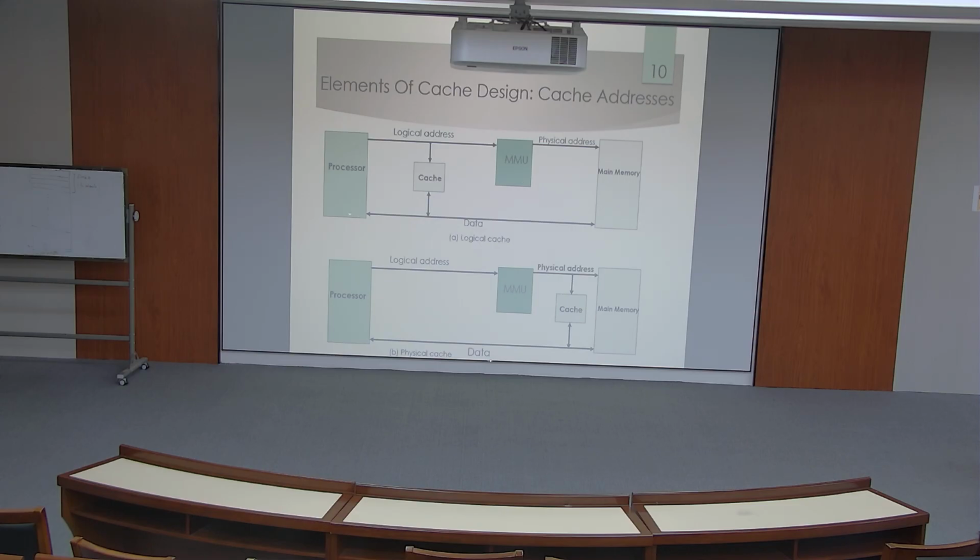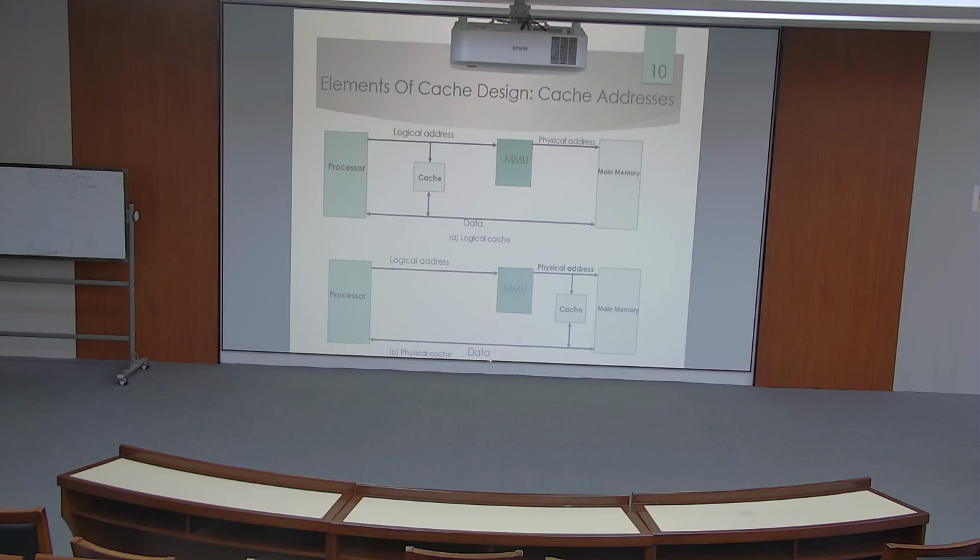That means that in the first feature, feature A, the system can fetch data from the cache memory without the interaction of the memory management unit by using the virtual address, the logical address. So this way is faster because the system does not need to do any address translation.